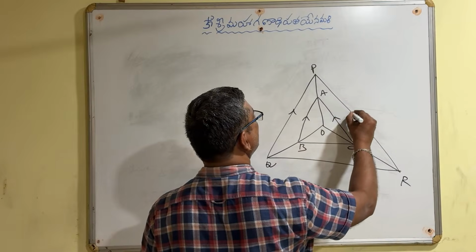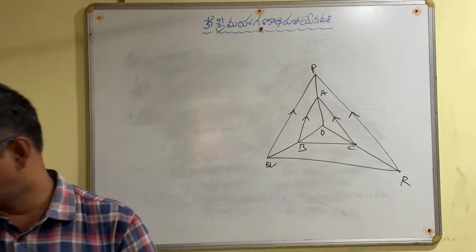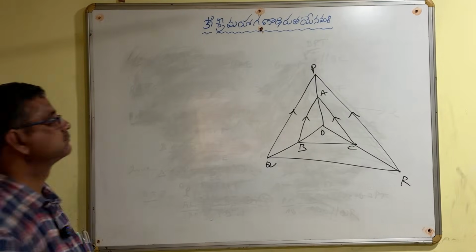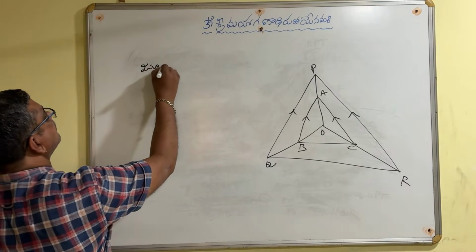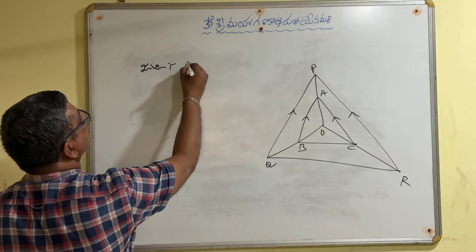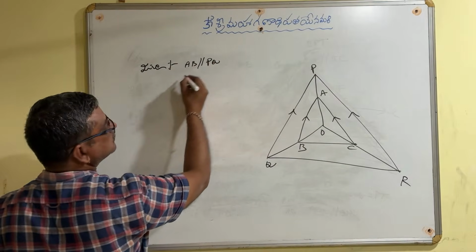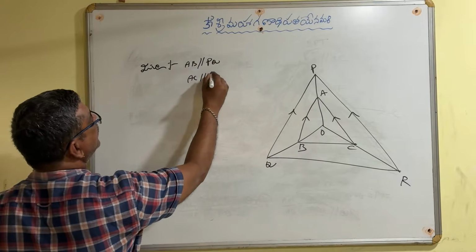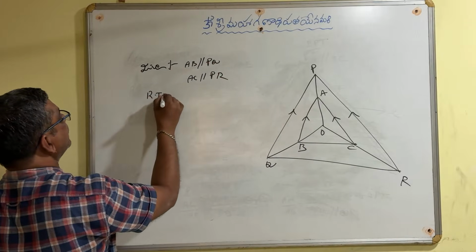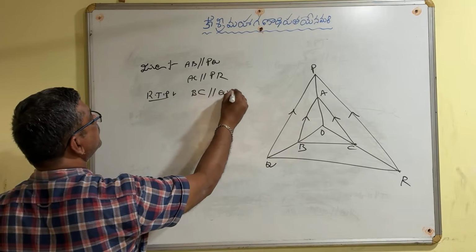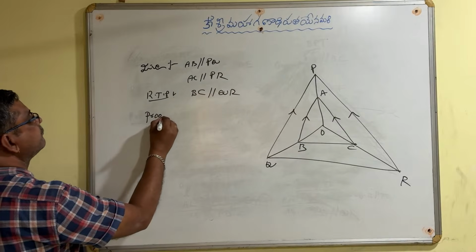These two are parallel to each other. And what we have to prove is BC parallel to QR. What is given? AB parallel to PQ, AC parallel to PR. And what is required to prove? BC parallel to QR. Now, proof.